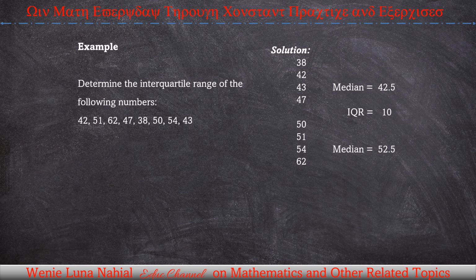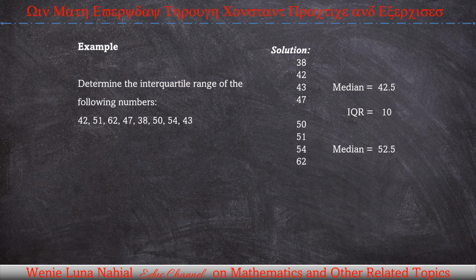Okay, so to get the quartile of the first half, you have to get the average of the two middlemost data points, 42 plus 43, divided by 2. So you get the median of the lower half, which is 42.5.